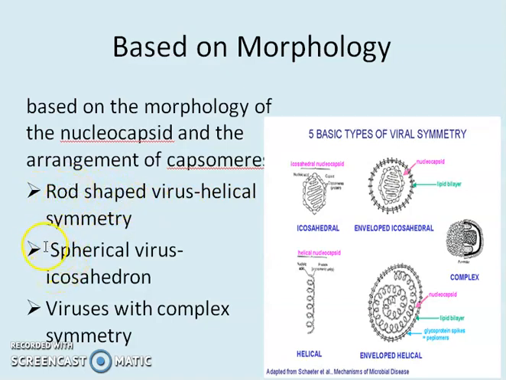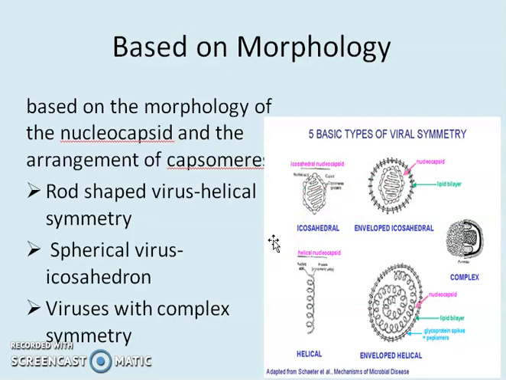The second group is spherical viruses. This is a helical structure, and this is a spherical structure, in which the capsomeres are arranged in an icosahedral pattern, with icosahedral symmetry.